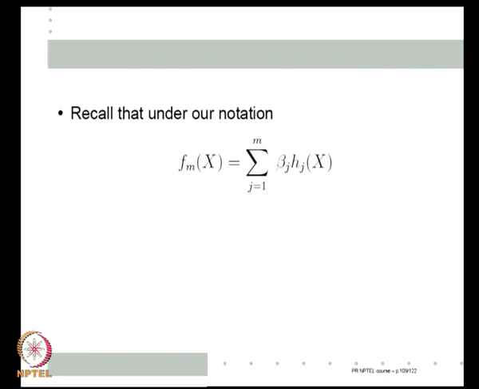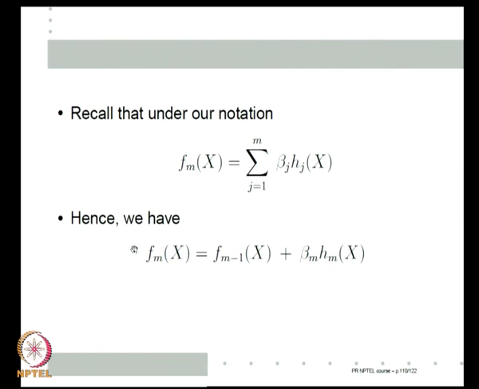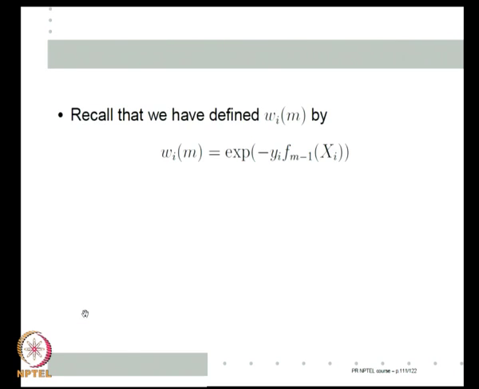Recall our notation, f_m is the sum over j equal to 1 to m of beta_j h_j, this additive model up to little m. Which means f_m(x) is f_(m-1)(x) plus beta m h_m(x). Remembering this, we know w_i^m is exponential of minus y_i into f_(m-1)(x_i). So, this is how we define w_i^m in our empirical risk minimization. Right.